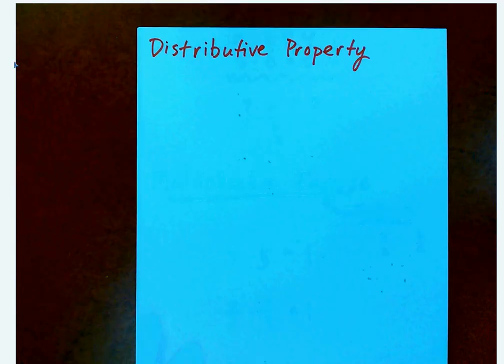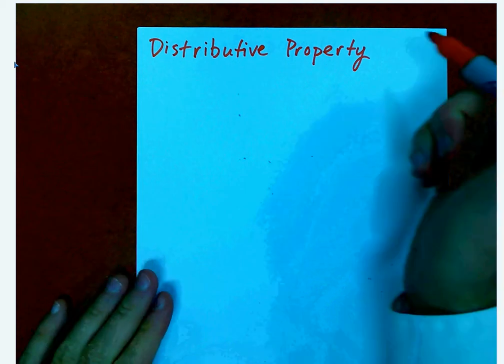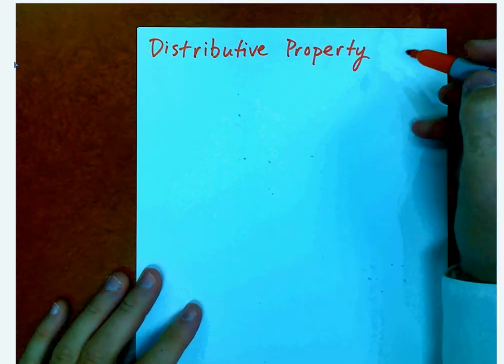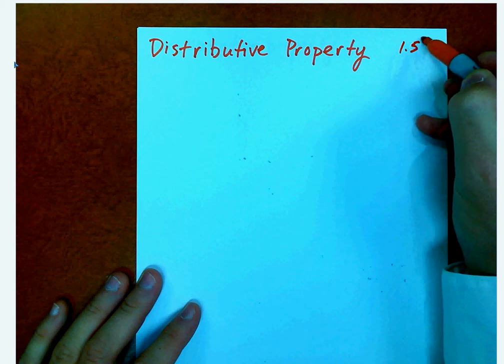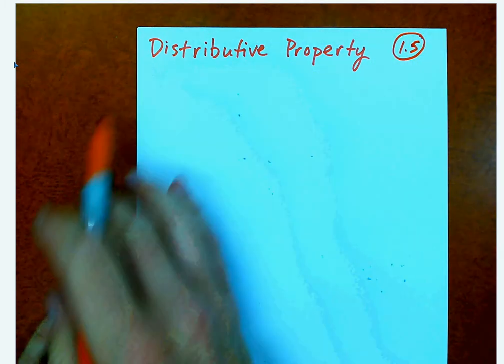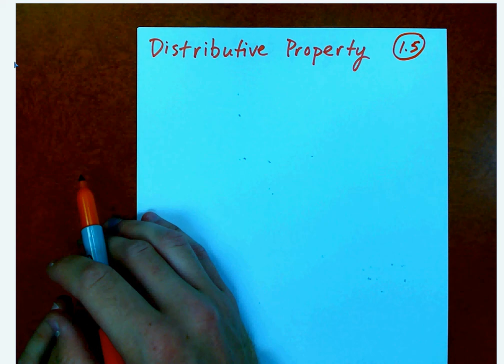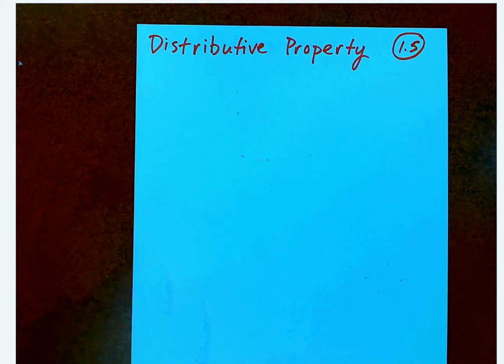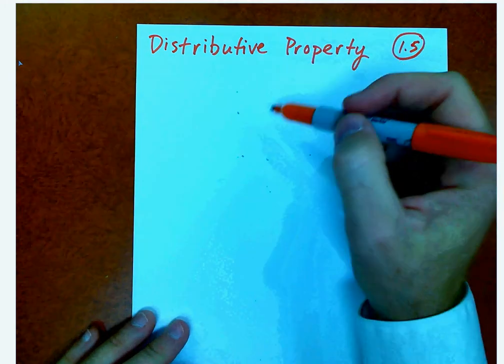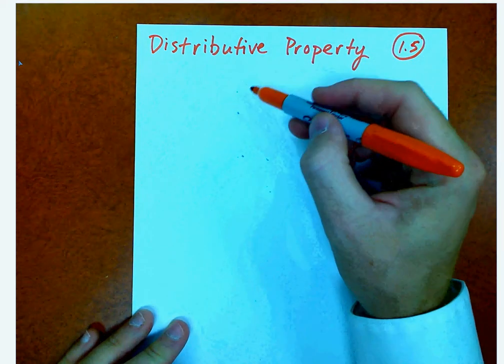The distributive property is actually so important that it gets its own section. All of Chapter 1, Section 5 from your textbook is devoted to the distributive property. For any real numbers, A, B, and C, this will always be true.